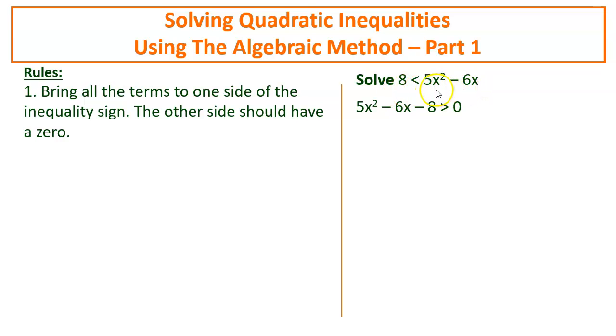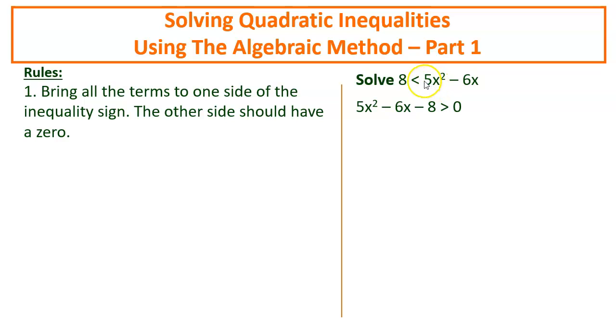In the original question, the 5x squared minus 6x was written on the right side, and now they are written on the left hand side of the inequality sign. But even now the opening side is facing towards the 5x squared minus 6x. You have to just be careful that the opening side doesn't change the direction.